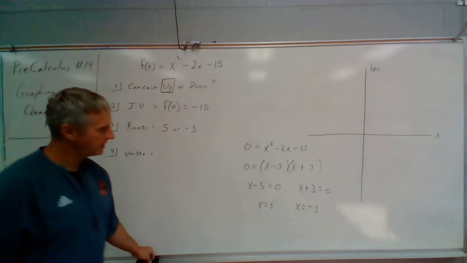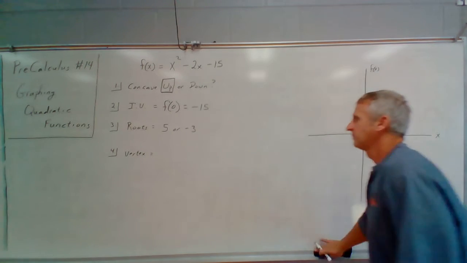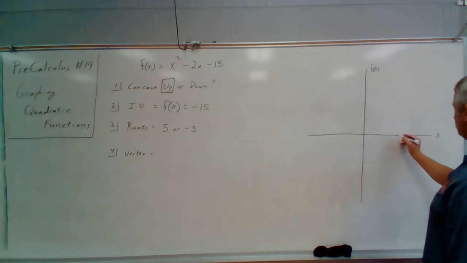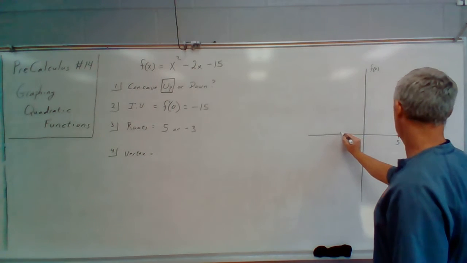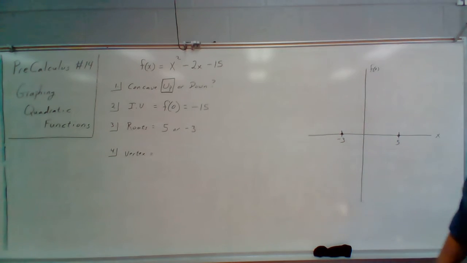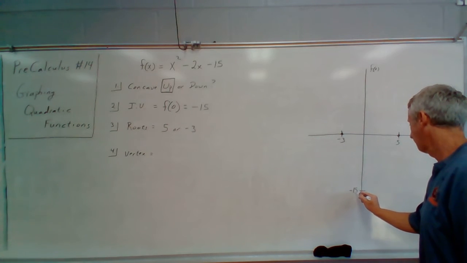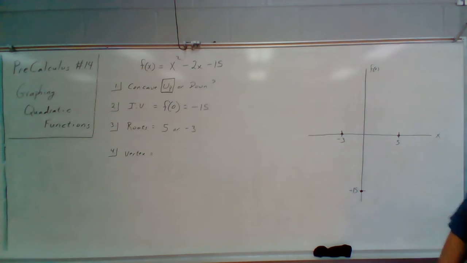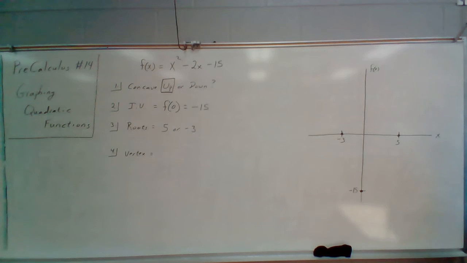Right, let's make a graph. My roots are at 5 or negative 3. My initial value is at negative 15. This should open up, so it should look like this. Where is my vertex?